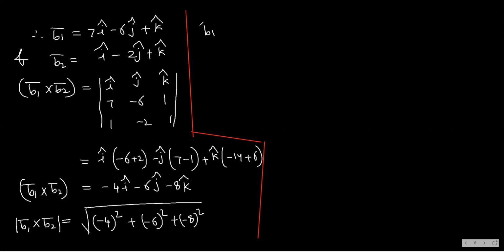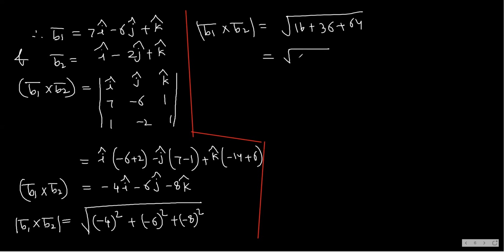So I get b1 bar cross b2 bar mod equal to square root of 16 plus 36 plus 64, that is square root of 116.